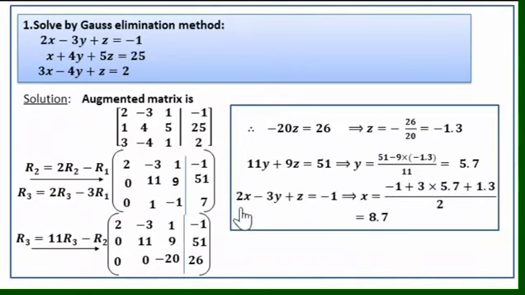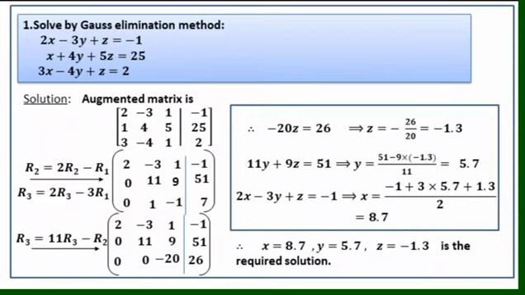From this solve for x. So 2x is minus 1 plus 3y minus z, so x is equal to (minus 1 plus 3y minus z) by 2. Substitute for y and z, simplifying we get x equal to 8.7. Therefore x equal to 8.7, y equal to 5.7 and z equal to minus 1.3 is the required solution of the given system of 3 equations in 3 unknowns.